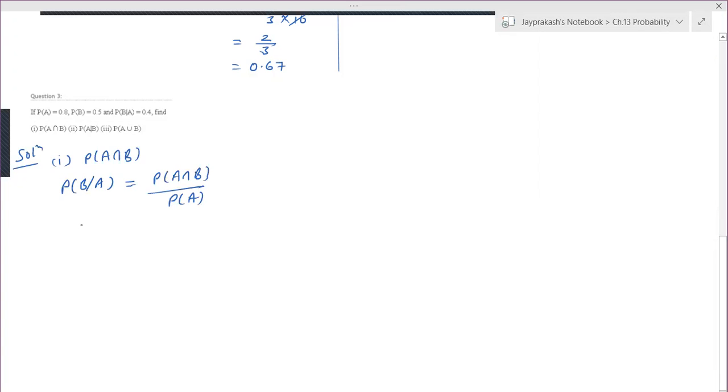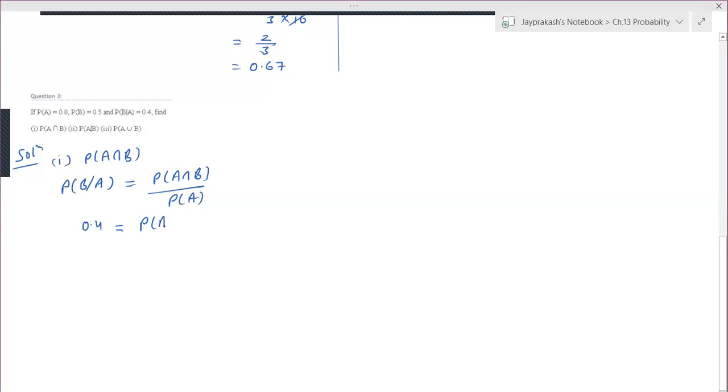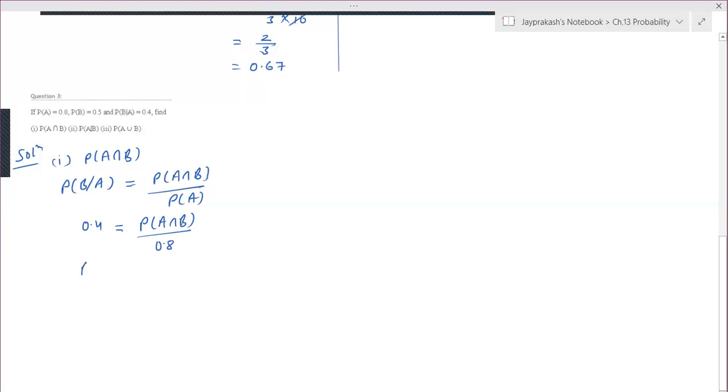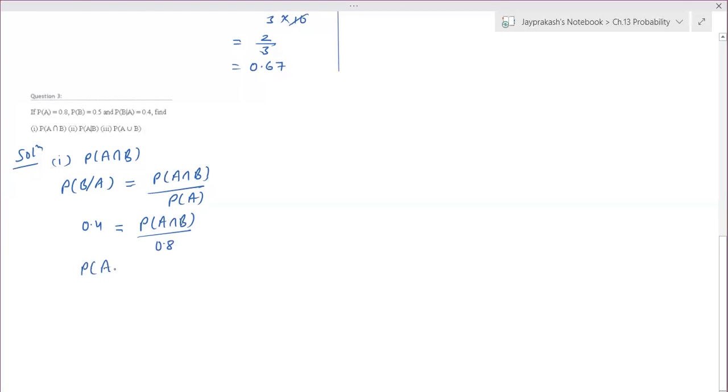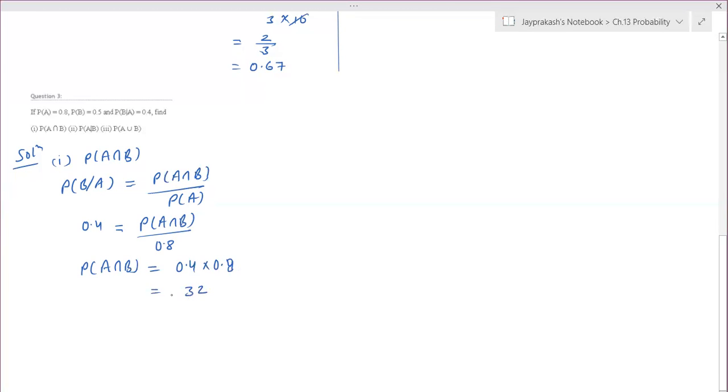P of B given A is 0.4, the intersection we have to find, and P of A is 0.8. So A intersection B will be 0.4 into 0.8, which is 0.32.